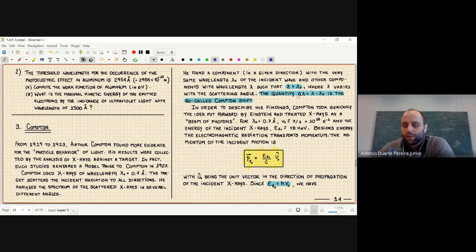This is called delta lambda, and this is what we call Compton shift. Okay, so what Compton wanted to do was to find a mathematical expression for delta lambda in terms of the scattering angle. He wanted to derive an expression for delta lambda such that it agreed with the experiments.